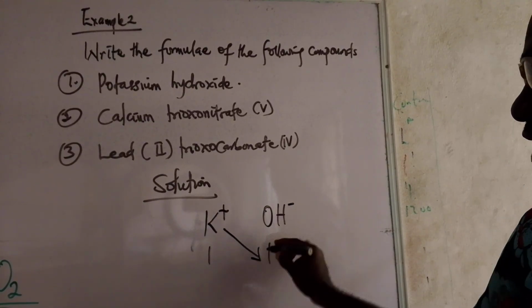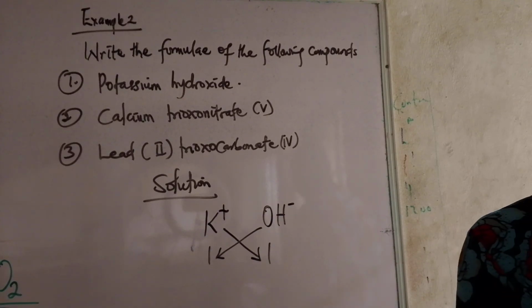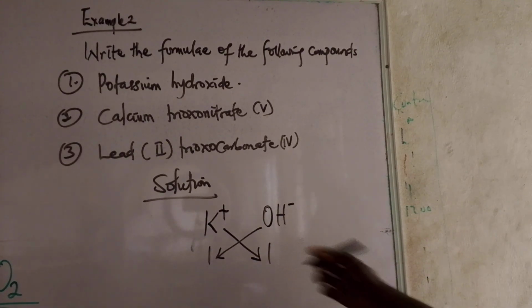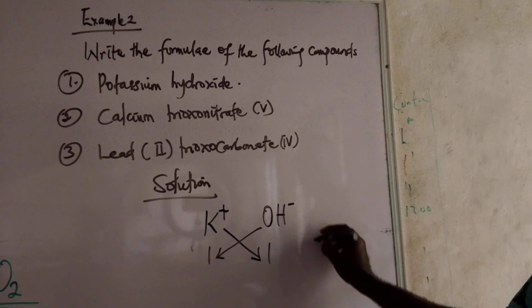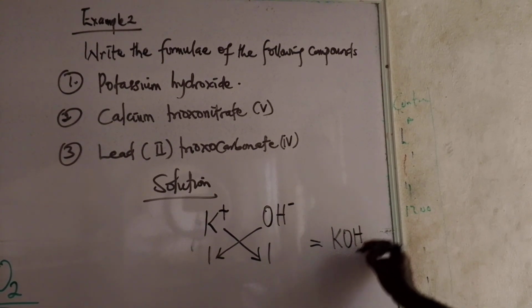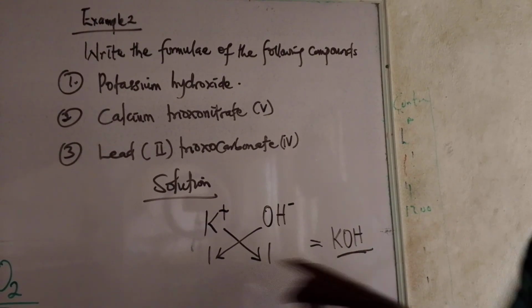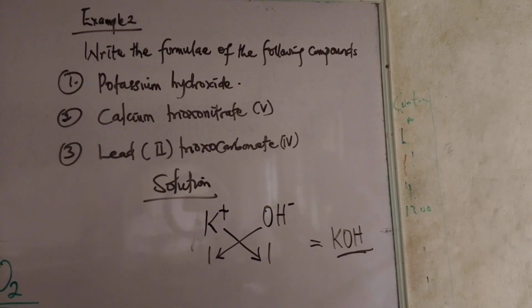Anytime the valency is the same number, you don't need to write any number to exchange. Just combine it, KOH. Anytime you see 1, 1 or 2, 2, don't write the number, just combine the symbols together. Do you understand? Anytime it is the same.